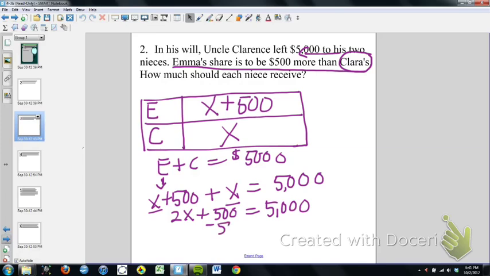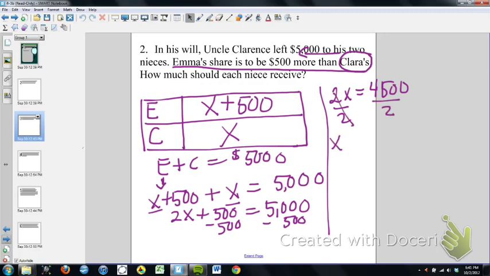If I subtract 500 from both sides, I have 2x is equal to 4,500. I divide by 2, and x is equal to 2,250.